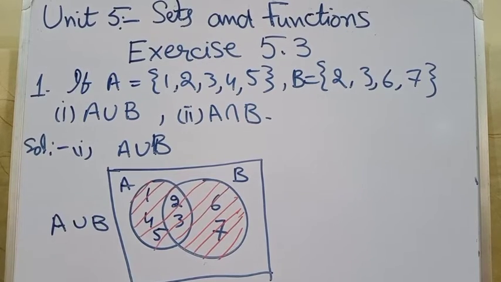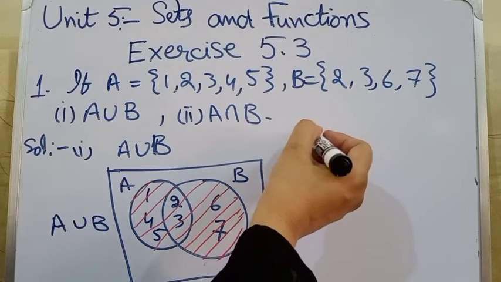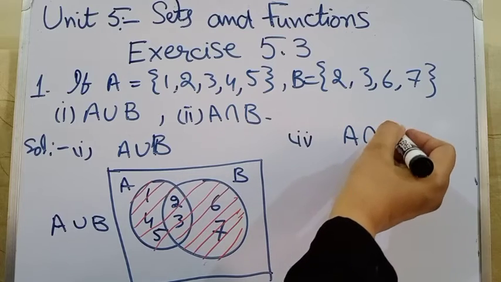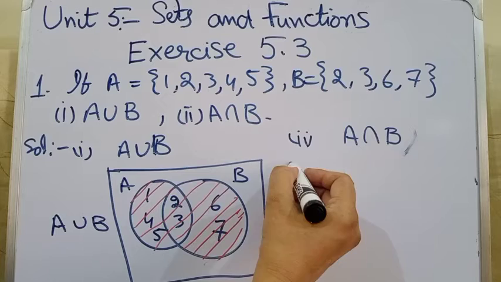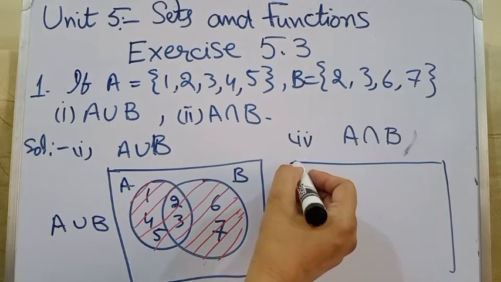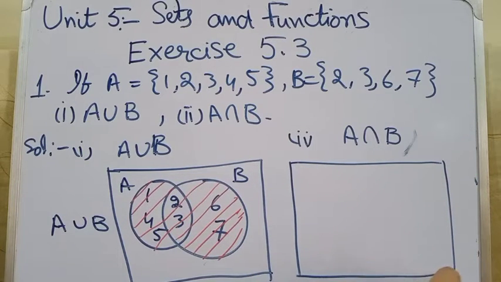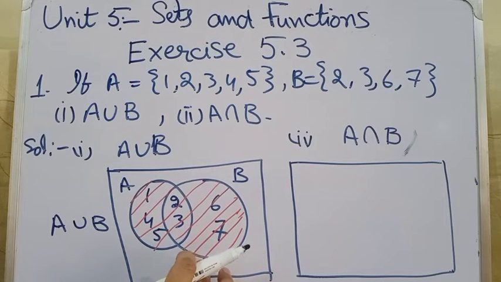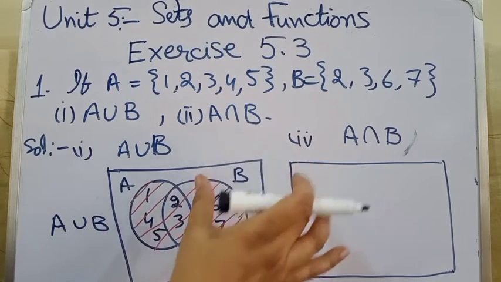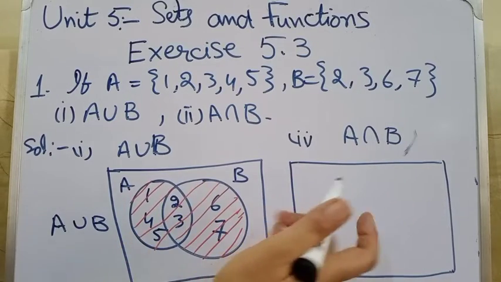Next we have to find A intersection B. The Venn diagram of these two is the same because the sets are the same.